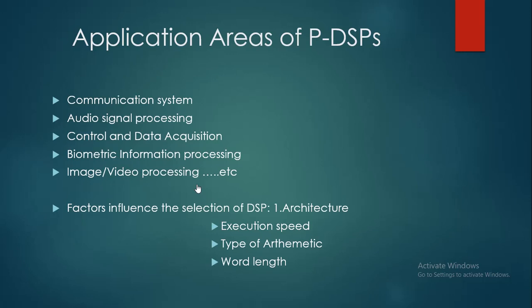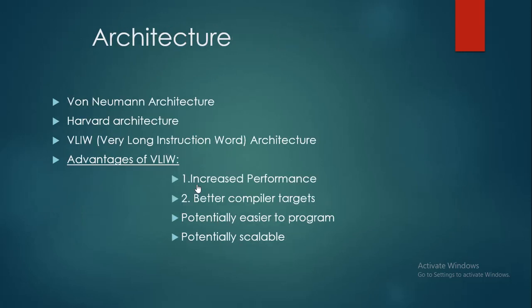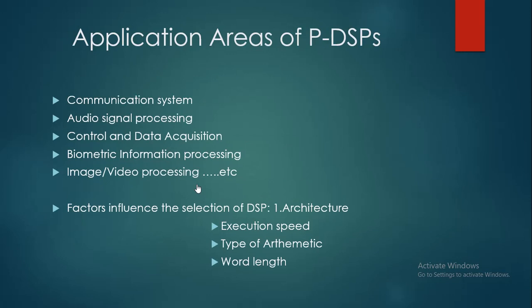Regarding DSP processors, in 1979, Intel first introduced the first DSP, the Intel 2920, and later Texas Instruments introduced the first fixed point DSP of the TMS 320 family, the TMS 32010.